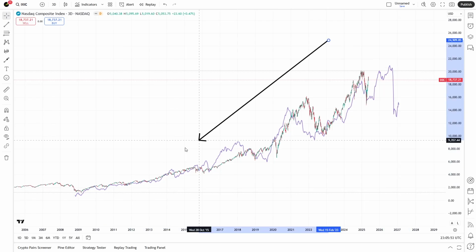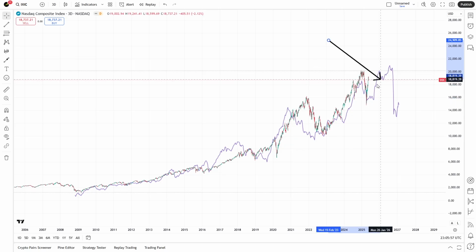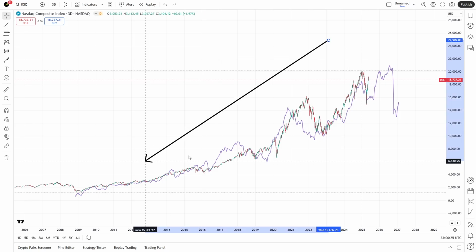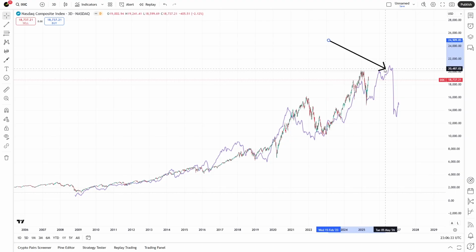So as you can see, it has followed the basic idea so far, and we are currently working on what I believe is this final peak. This final peak also goes higher than the previous peak that took place in this fractal. My point in all this is you can see that it is following its history. It's doing the whole kind of macro cycle thing, and we are working on the peak.